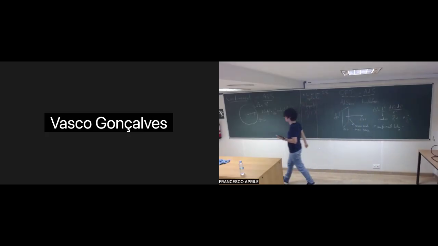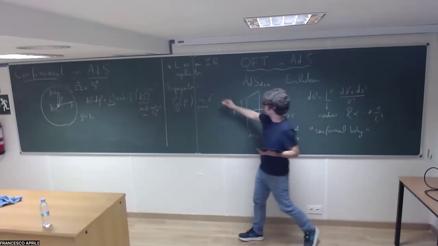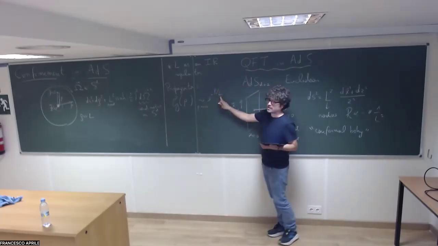I put, let's say, the first one at the origin, and the second one at some distance rho, phi of 0 and phi of rho. Even if it is a massless field, when I study this propagator, I will find that it decays exponentially as rho becomes larger. And of course, this is possible exactly because we have this L.